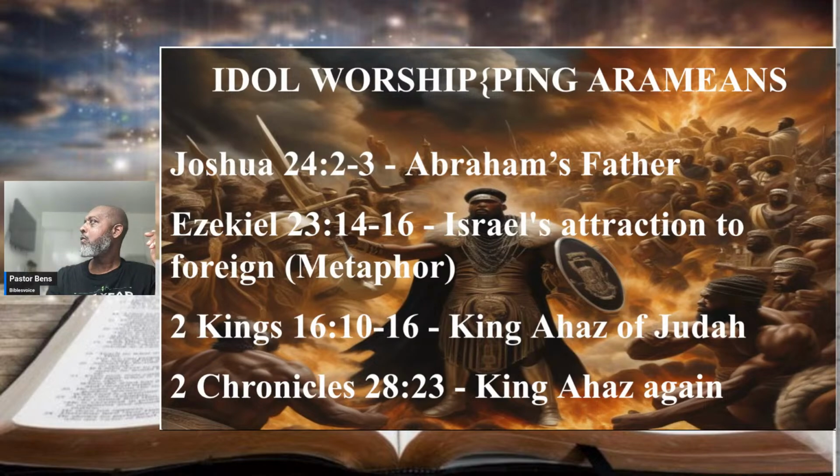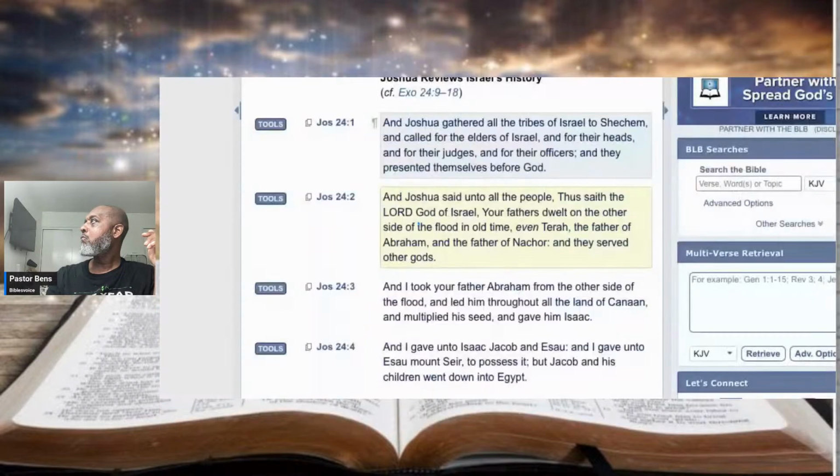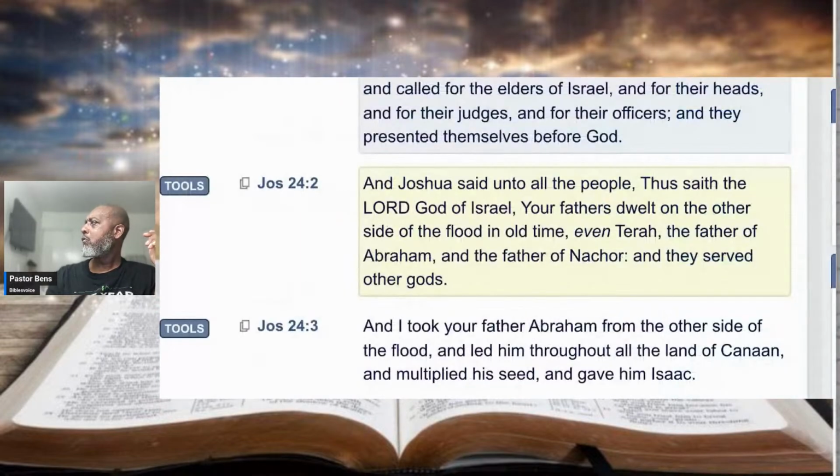Let me go back because I want to show you. Now, why am I bringing all this in? So watch this. Even Terah, the father of Abraham, and the father of Nachor, they served other gods.